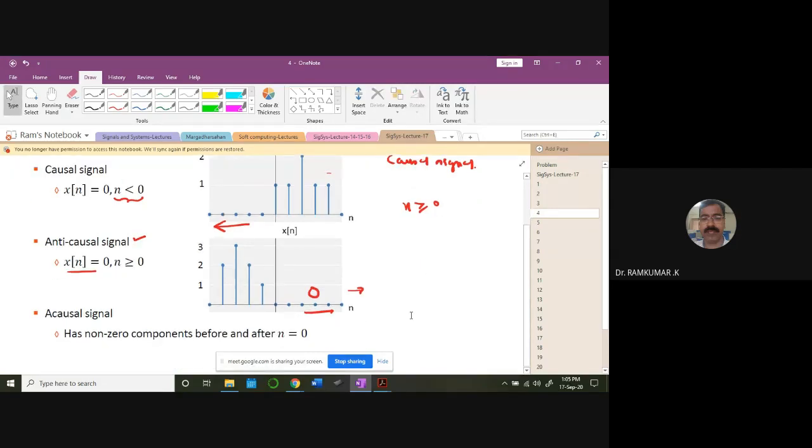Okay, acausal means there are non-zero components both before and after n equal to 0. The signal exists at both ends. So it is existing for n greater than 0 and less than 0. So this kind of signal is acausal.